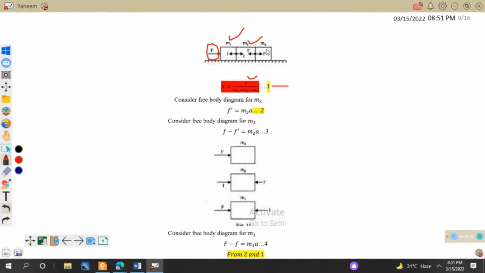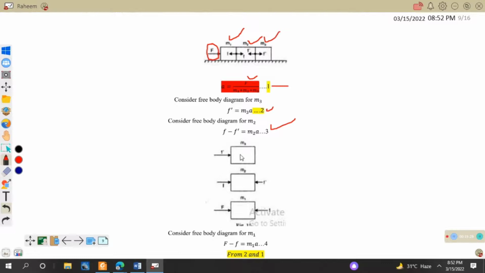So F prime will be equal to m3 into A, and this is denoted by equation 2. And f is the contact force between m1 and m2. So f is on the right hand side and F prime is acting on the left hand side. So f minus F prime is equal to m2 into A, because we are now considering m2.